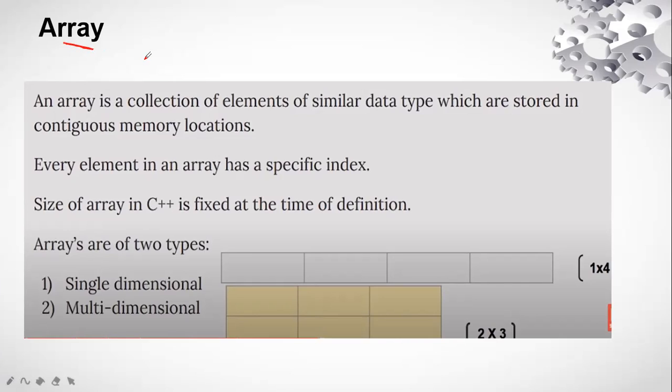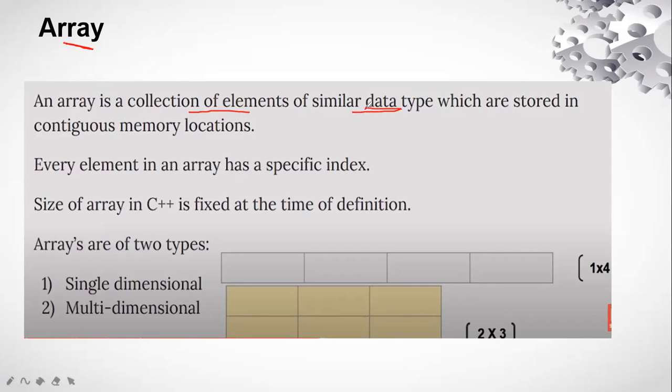An array is just an expanded version of a variable, because a variable is used to store a single data, while when we have to store a series of data we can use the array, right? So an array can be defined as a collection of elements of similar data type.